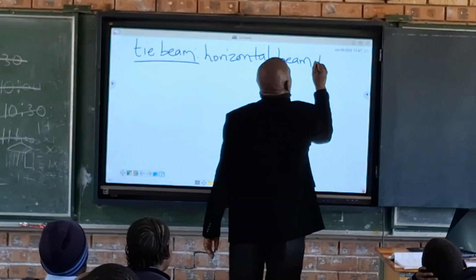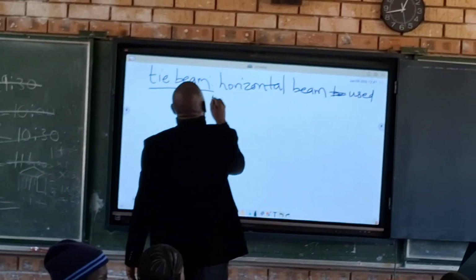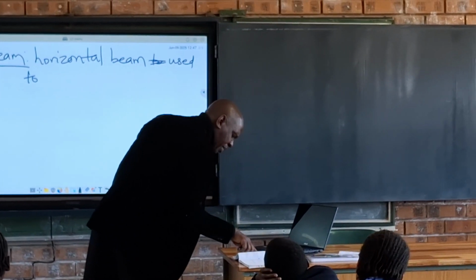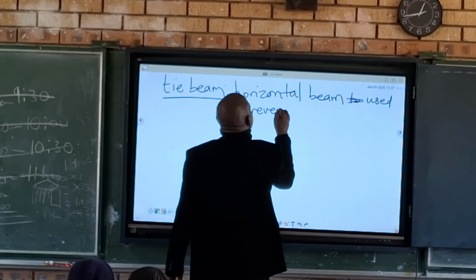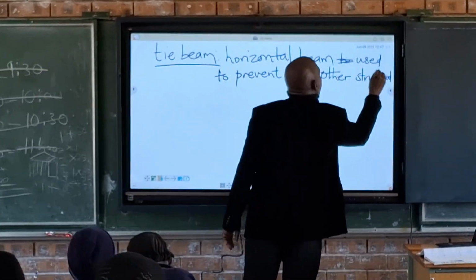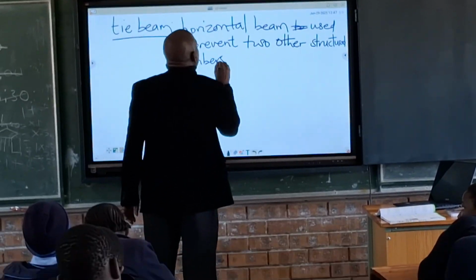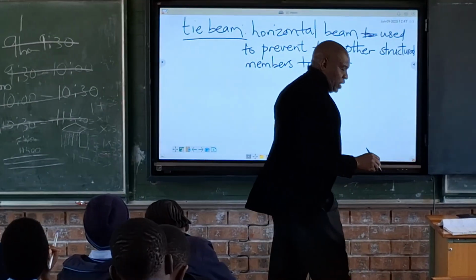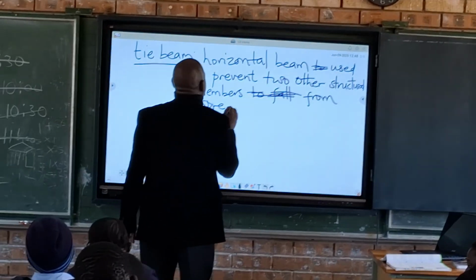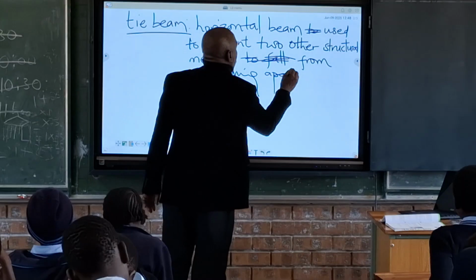A tie beam is a horizontal beam used to prevent two other structural members from falling apart, from spreading apart.